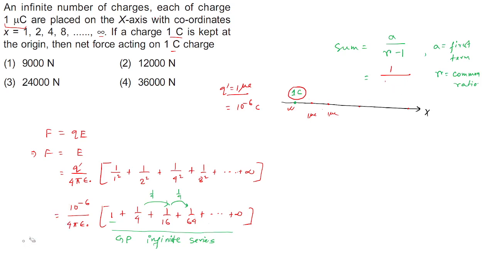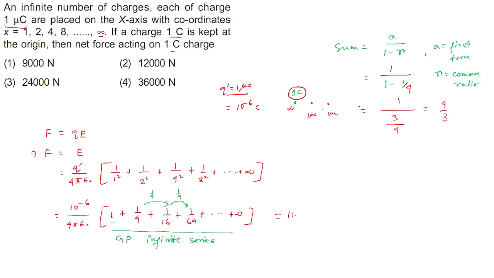Okay, by mistake I have written the wrong thing here. It will be a by 1 minus r. Correct. So 1 minus the value of r, which is 1 by 4. Let me erase this. If I erase this, then what we will have: 1, and here 4 minus 1 is 3, that is it becomes 4 by 3, correct.